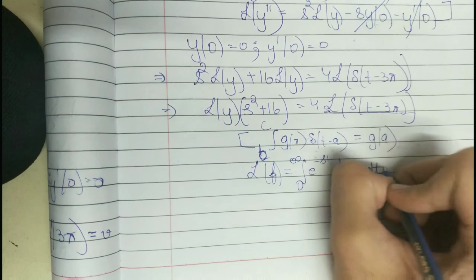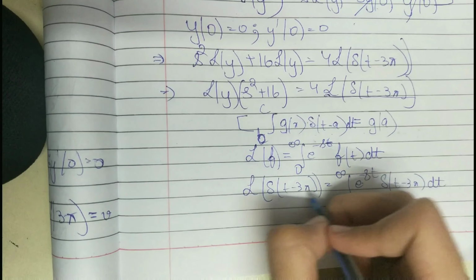So if that function is direct delta function, then its Laplacian would be of this form: the integral of e raised power minus st direct delta t minus 3 pi dt. Now using this property, we get that this integral is nothing but e raised power minus 3 pi s.